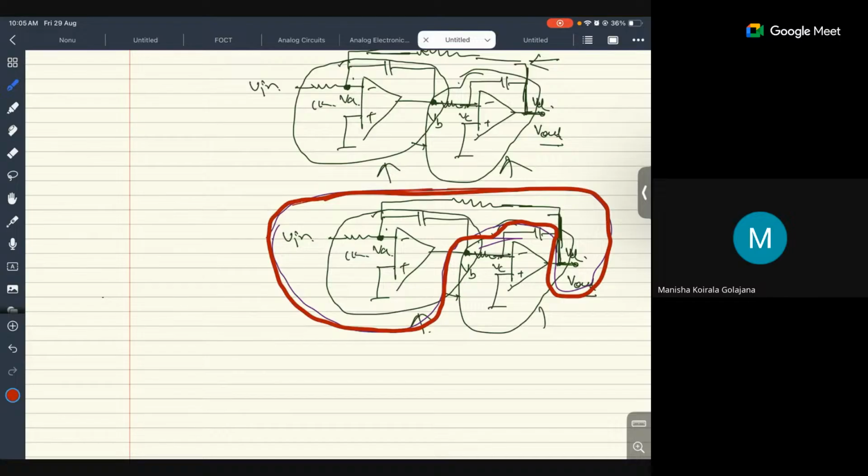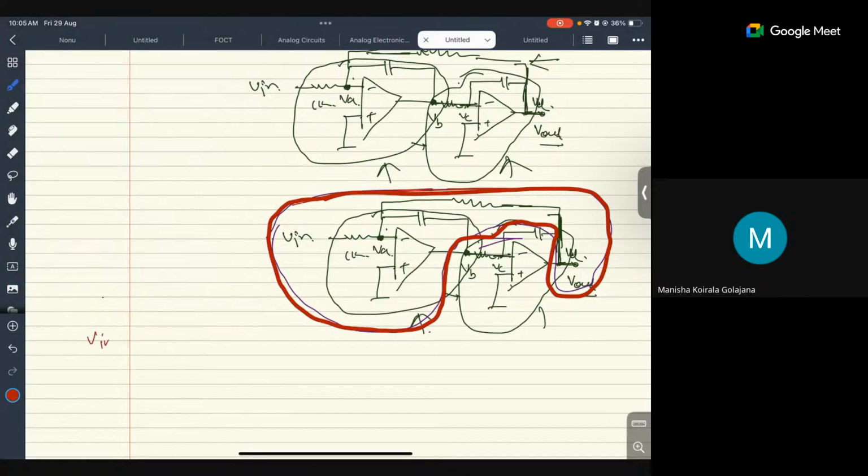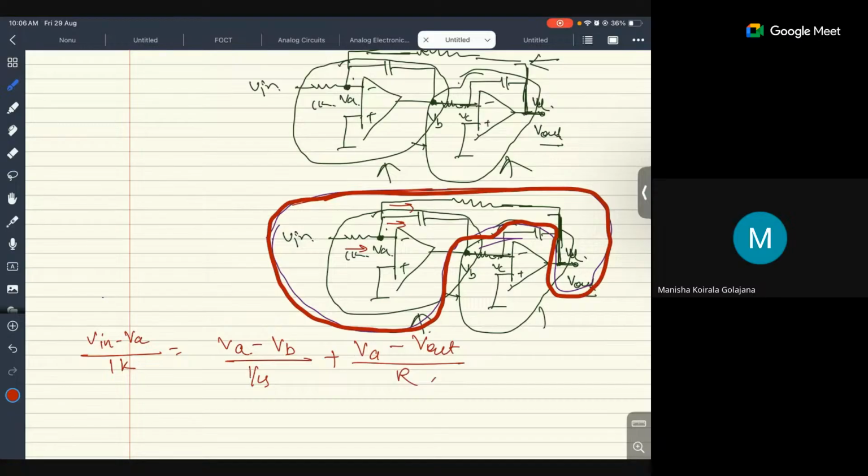So what is that? V in minus VA. We say that the current that is coming from here will go into two parts. One is this one, second is this one. So (V in minus VA) upon 1K is equal to (VA minus VB) upon 1 by CS plus (VA minus V out) upon R. VA we know is 0.